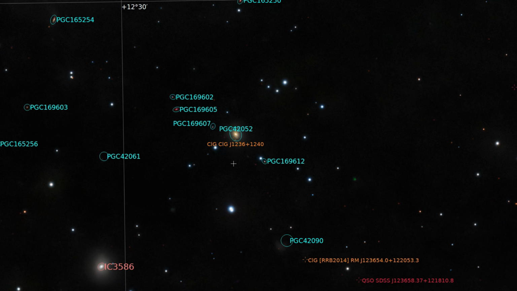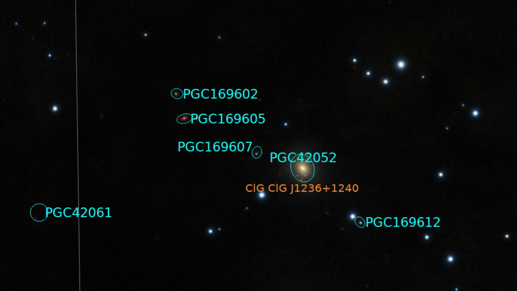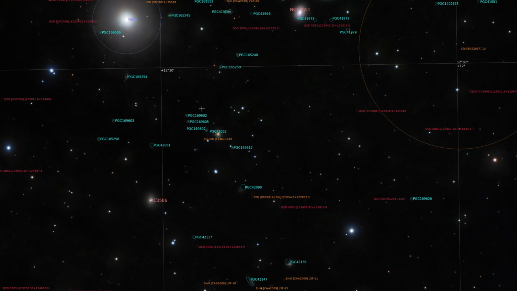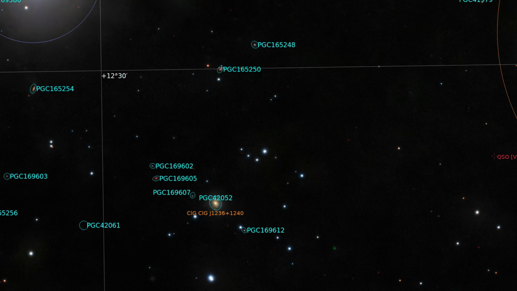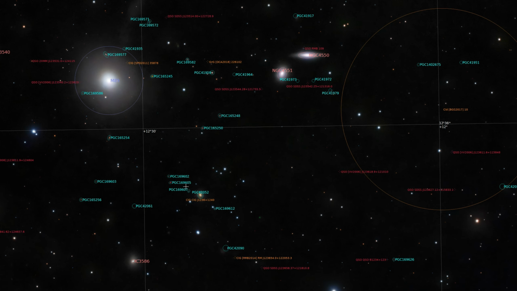Another cluster here with a couple of these PGC objects as well. I was not able to find much information at all on some of them, especially these two redder objects, PGC 169605 and 165250. They're very red in my image, potentially from hydrogen, but there's really not anything in the literature for it.